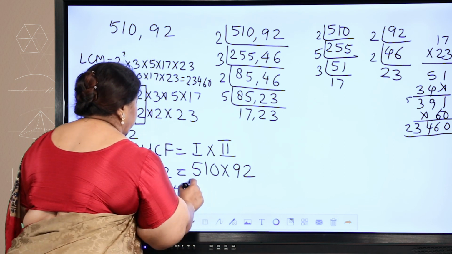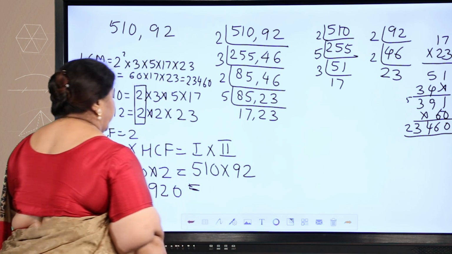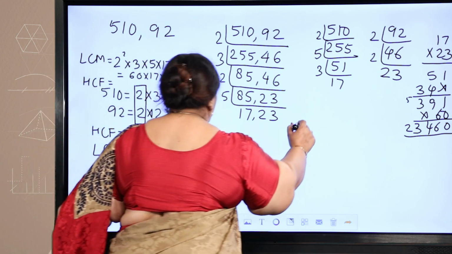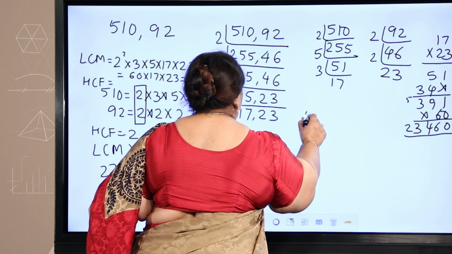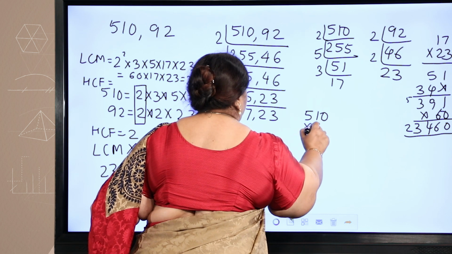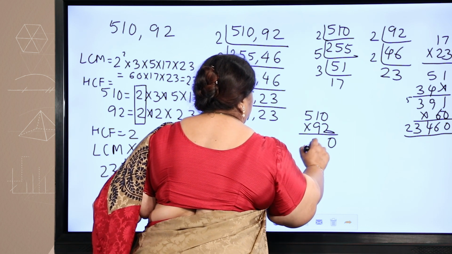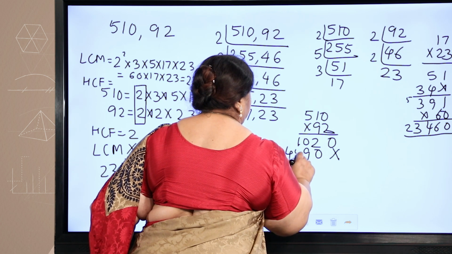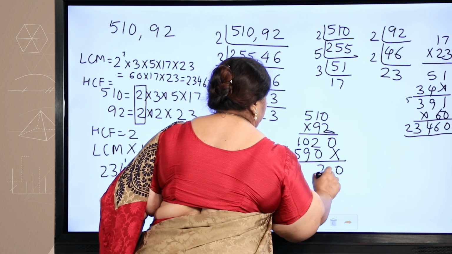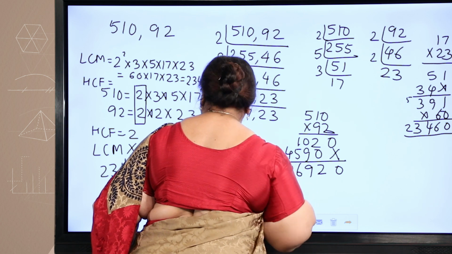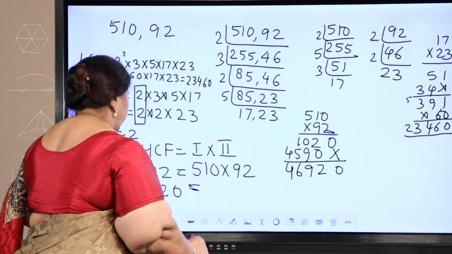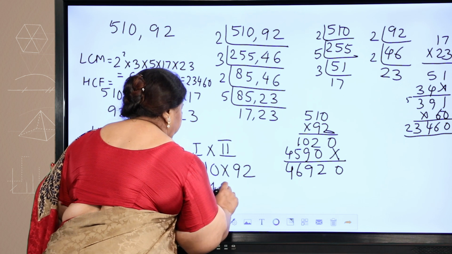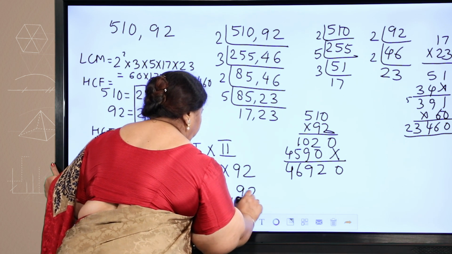Let us see what is 510 and 92 on multiplication. Yes, I am getting LHS is equal to RHS, 46,920.